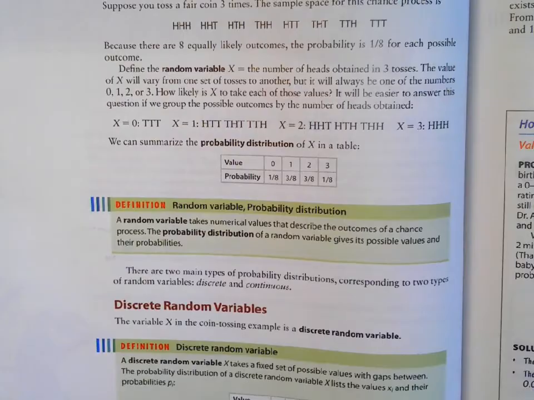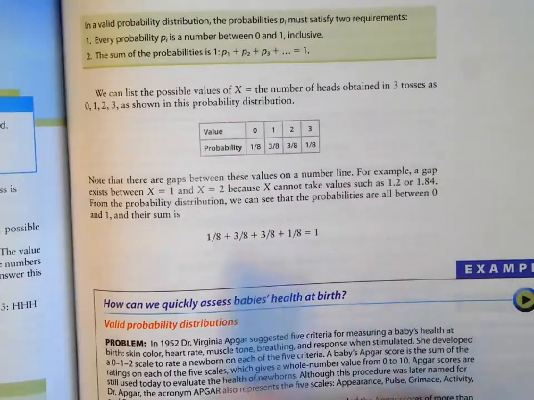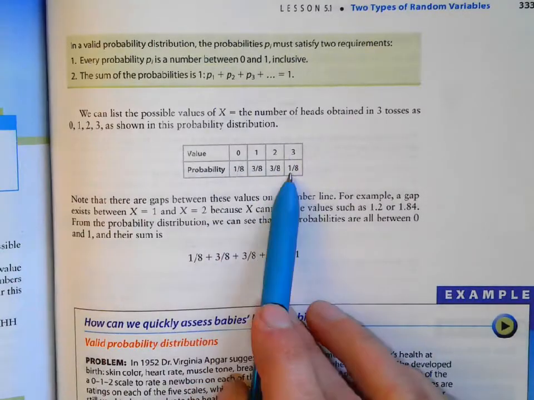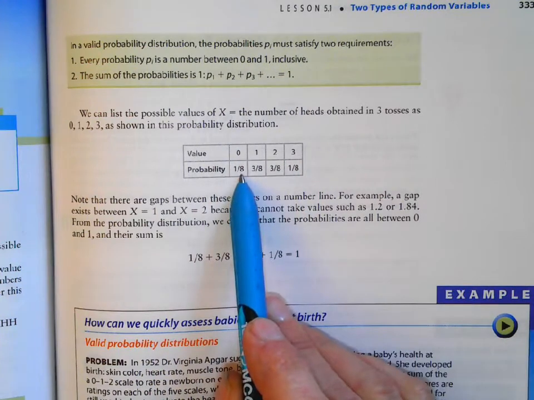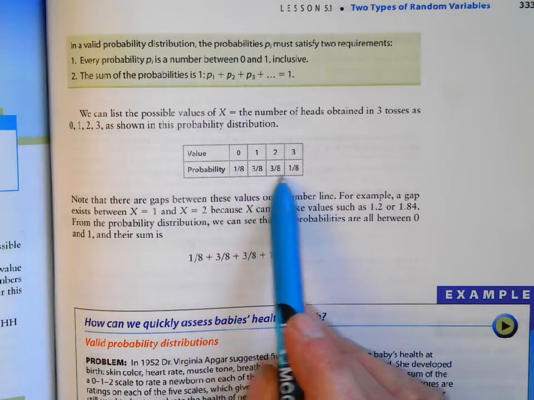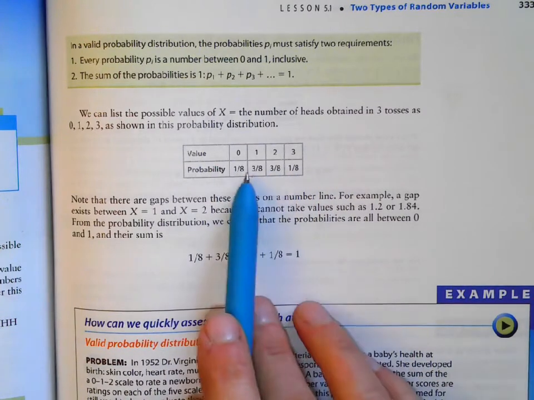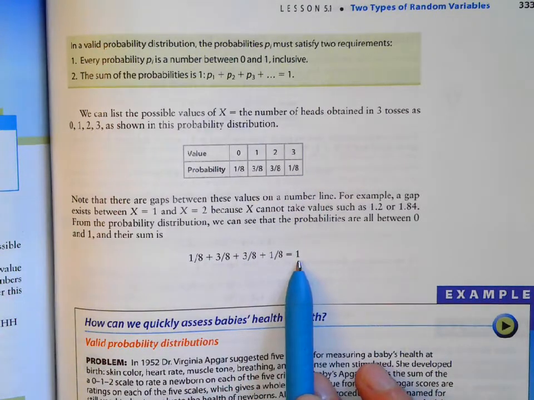That's what a discrete variable is. In a discrete probability distribution, you have all these values and all their probabilities. You know that all probabilities have to be between 0 and 1, so you can't have any negative numbers or a probability of 2 for any of these. And if these are all the outcomes, the probabilities have to add to 1. That happened here. If you add all these up together, you get 8/8, which is 1.